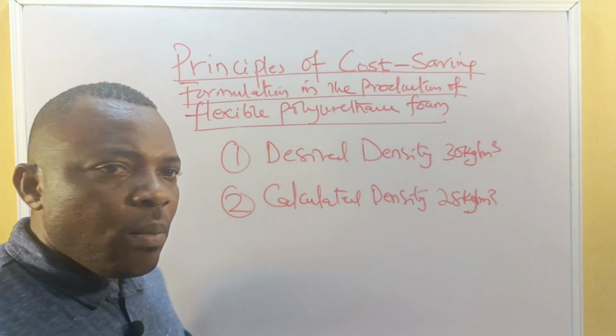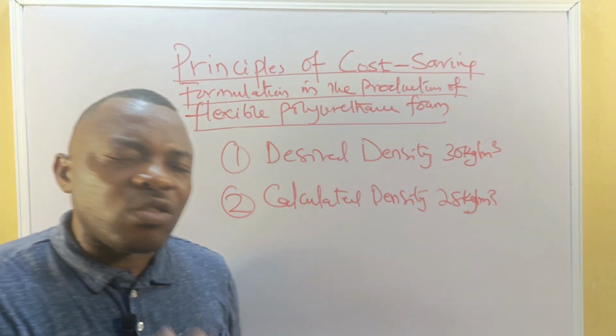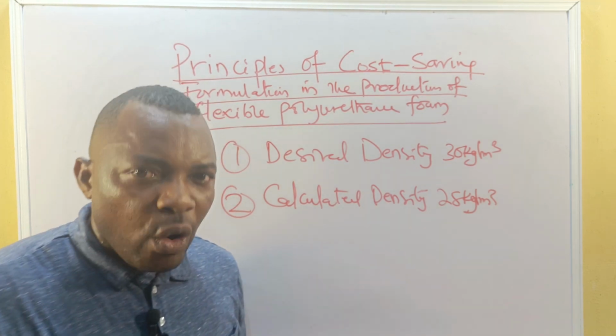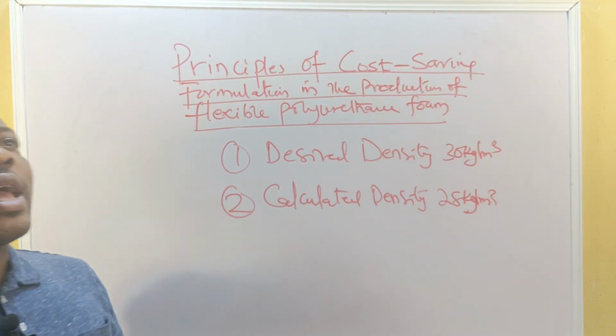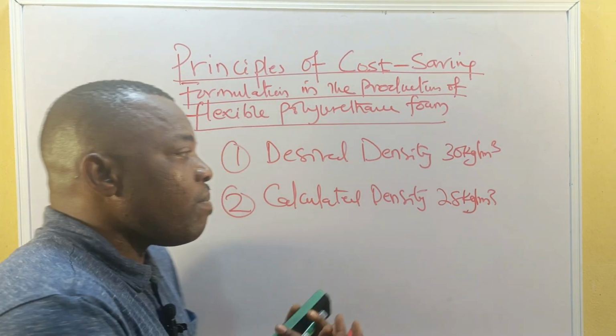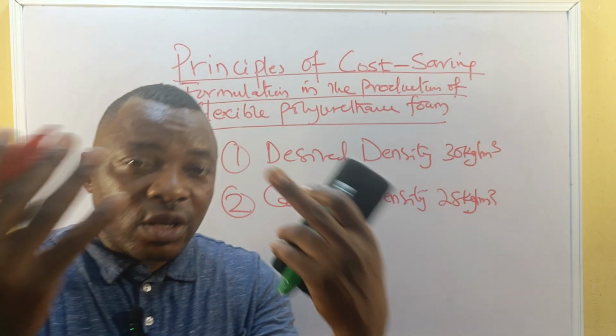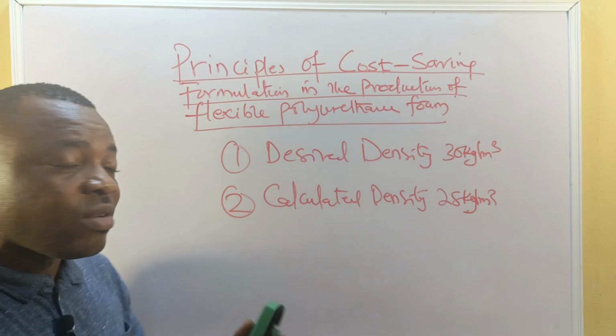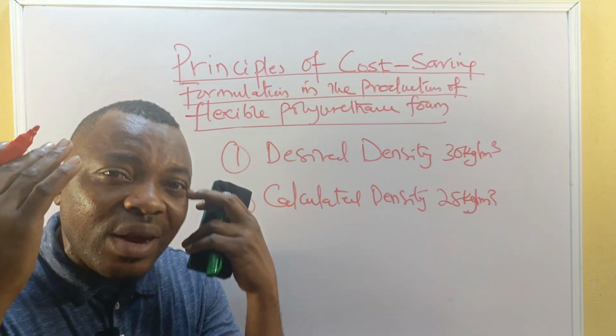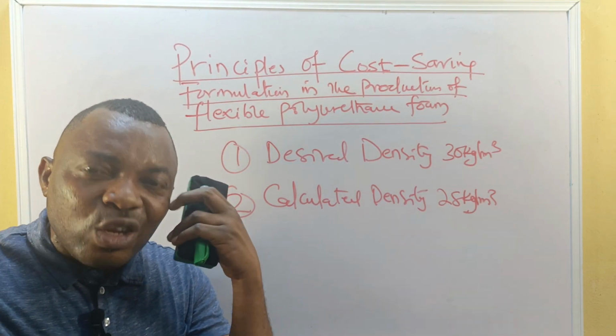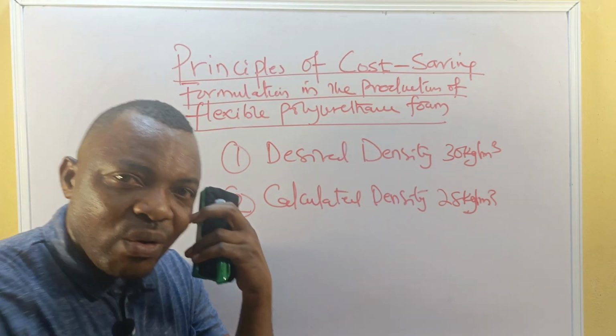And in terms of formulation, formulation is not a copy and paste document. You cannot stay in the United States of America and give me a formulation for Nigeria. I cannot stay in Nigeria and give you a formulation for the United States of America. The reason is that I do not understand the atmospheric condition of that place and the factory location.